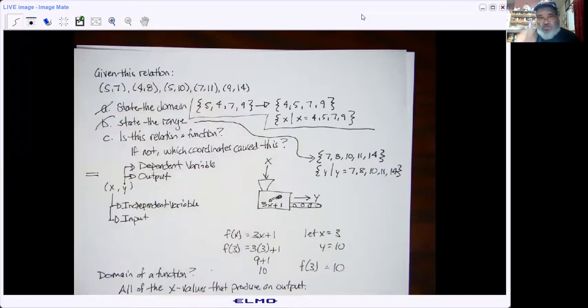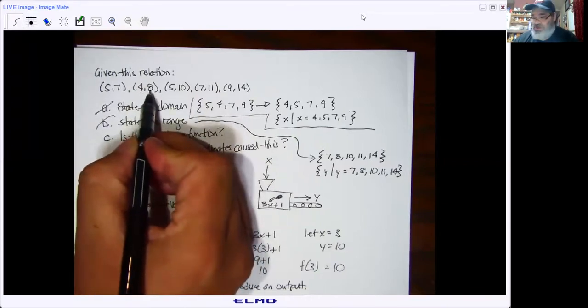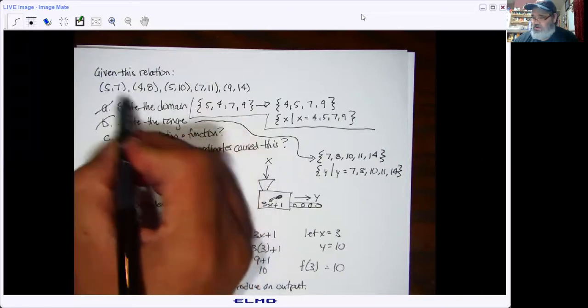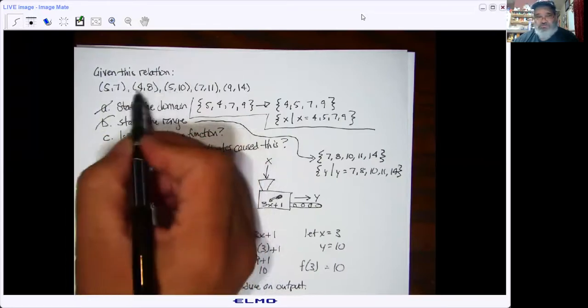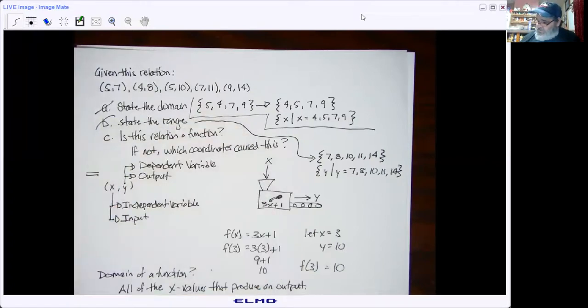Okay, so I'm good. 1 output for 1 input. 4 outputs an 8. Okay, we're good. 5 outputs a 10. One input cannot give us 2 different outputs. Cannot happen in order to be a function.